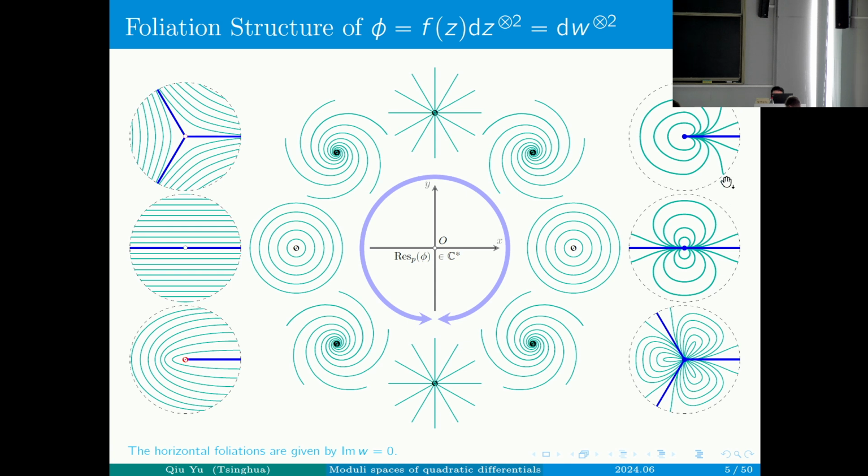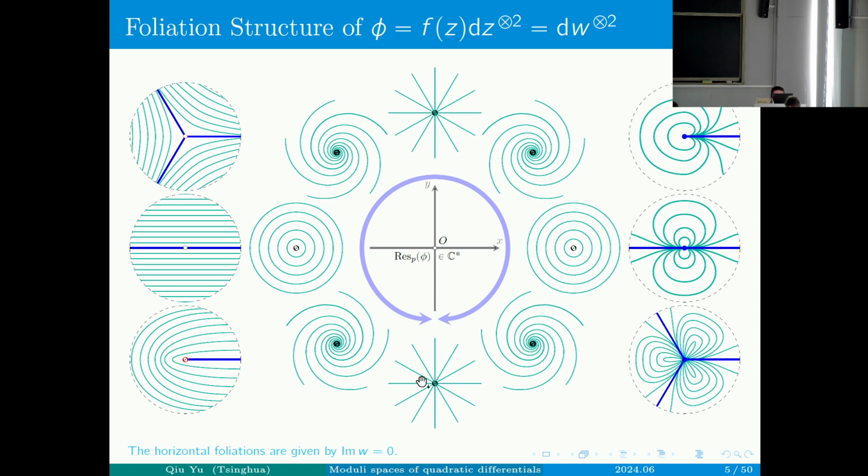On the right-hand side, you have the behavior of the foliation at a higher order pole. So this is an order 3 pole, this is 4, this is 5. You can see the pattern is that you are gluing upper half planes at infinity and taking some copies. The number is usually the order minus 2, because we are considering quadratic differentials.